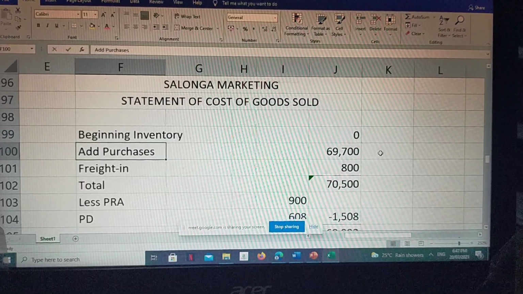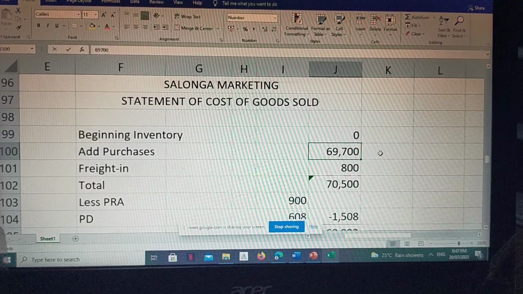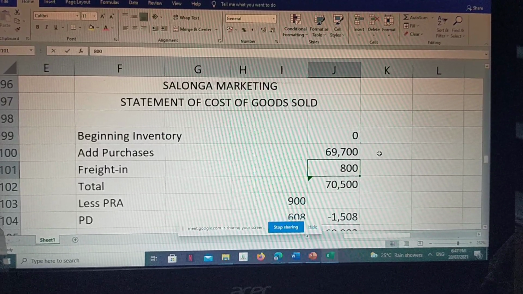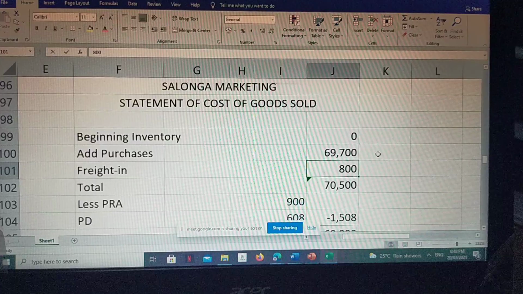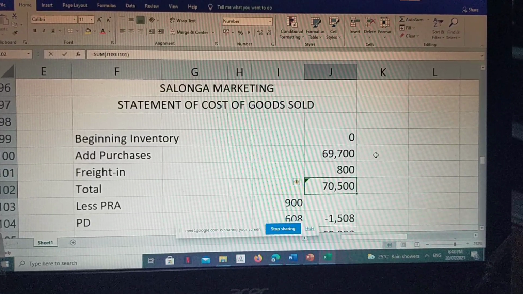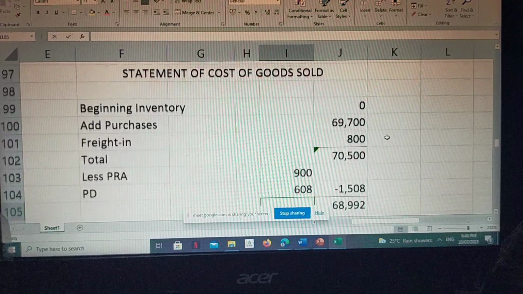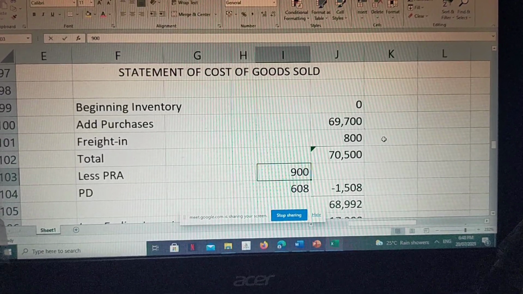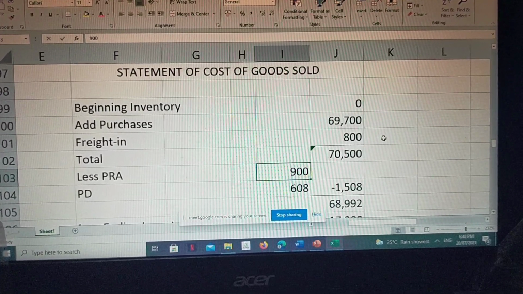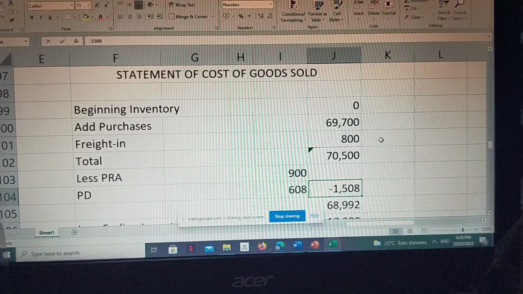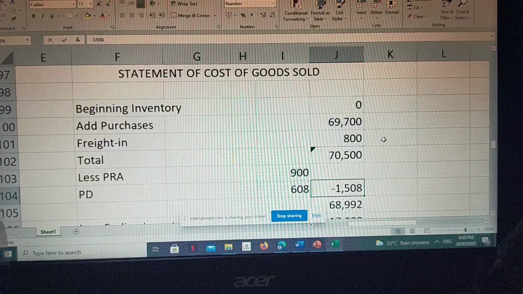So, add purchases, ito yon in the total of 69,700 plus the other cost which is freight in 800 pesos. The total is equivalent to 70,800 minus or less the purchases, returns, and allowances. And again, minus or less also 608, that is equivalent to 1,508.